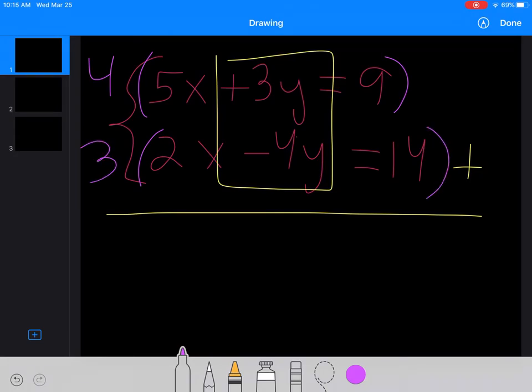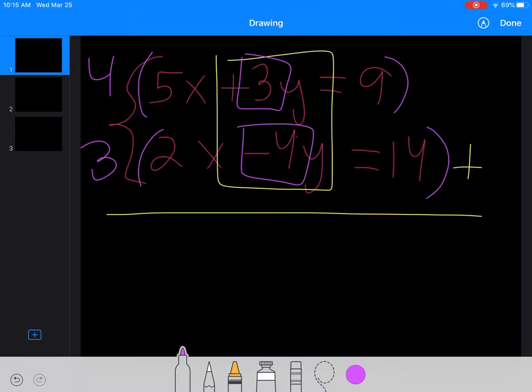Actually, we need to multiply this one by 3. The reason we chose 3 and 4 is because of the coefficients on the y terms. We want one of them to be positive and one negative. The sign on the top equation, 3y, is a positive 3, and the bottom equation is negative 4, so those will have opposite signs.